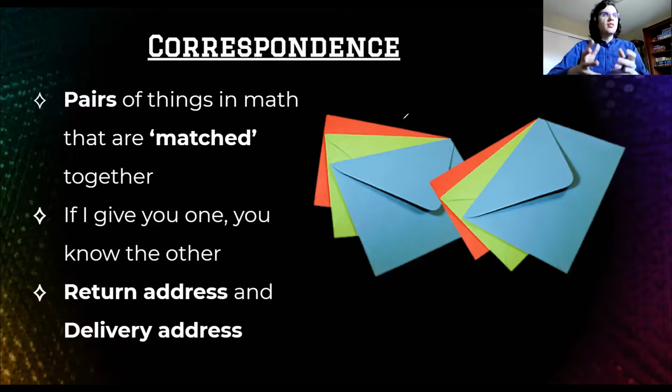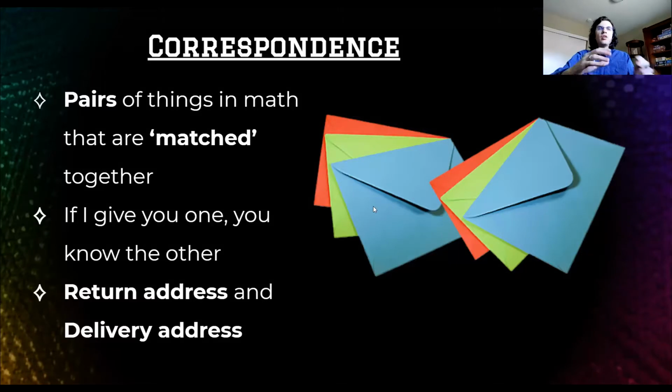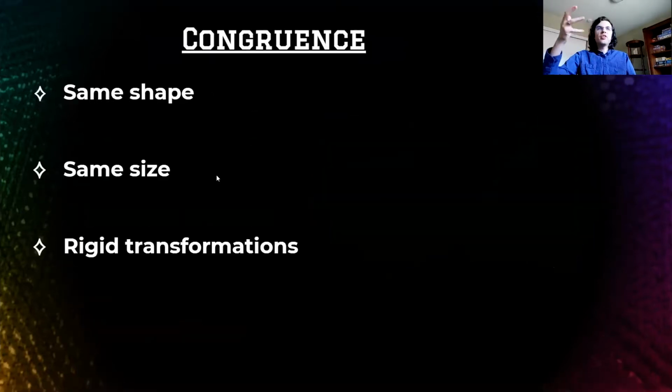Using correspondence and congruence, we can see why rigid transformations are corresponding. And when I do this, they line up. Congruence has to check not just the side lengths, not just the angles, but both, because side lengths tell us size and the angles tell us the shape.